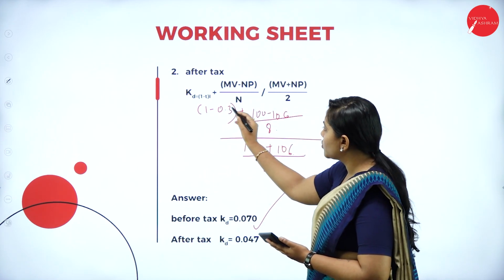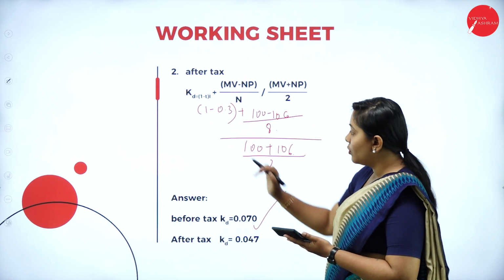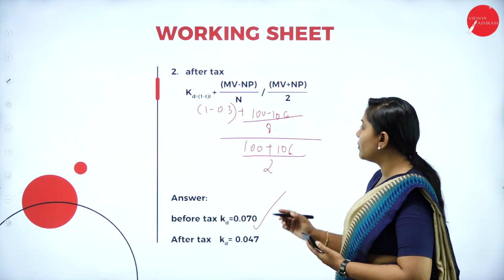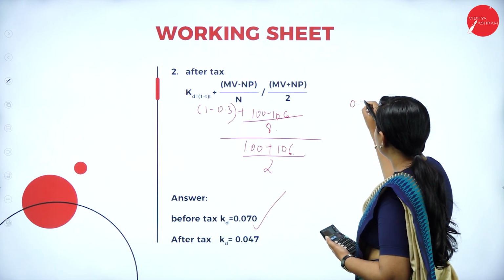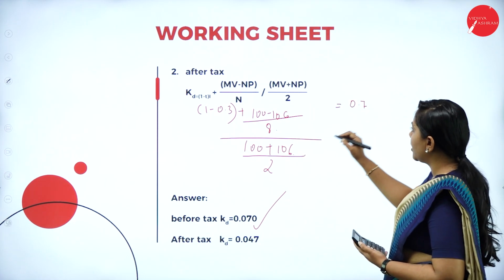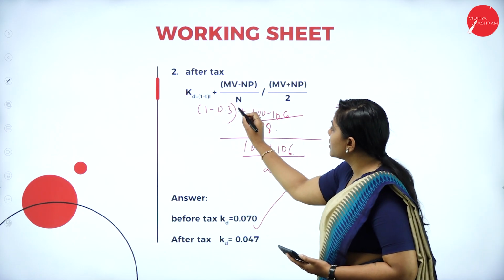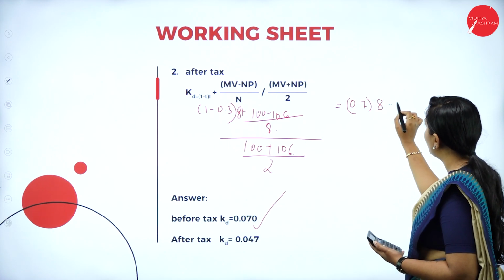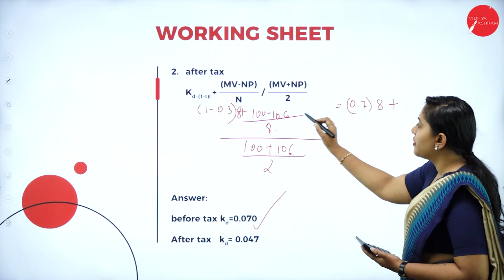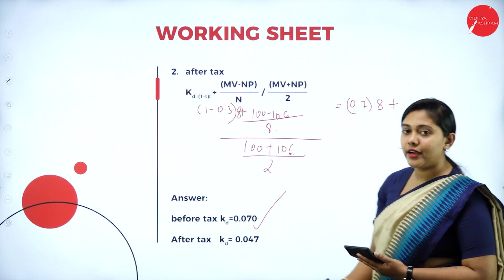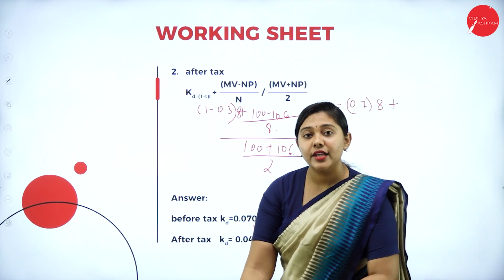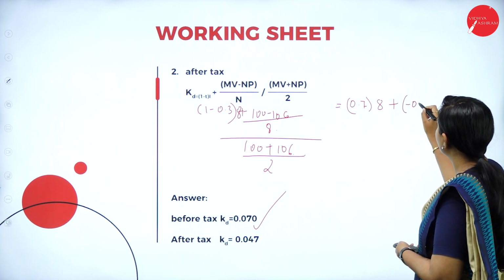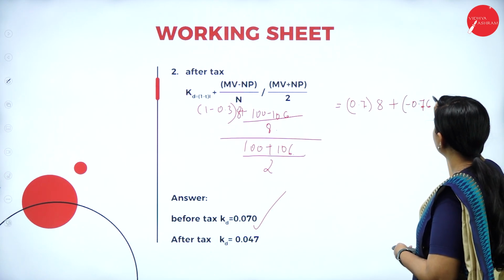So 1 minus 0.3, it will be 0.7. Interest we have left, 8 rupees is the interest. 8 plus, so 100 minus 106 divided by 8, how much is it? It is minus 0.76.